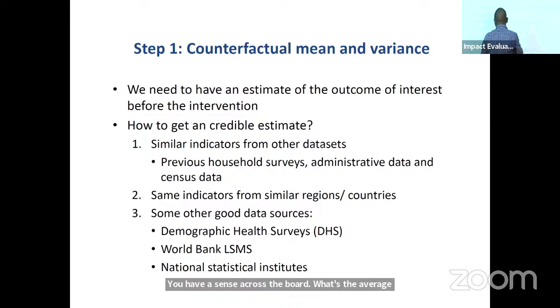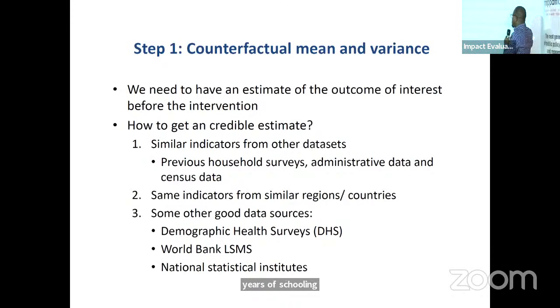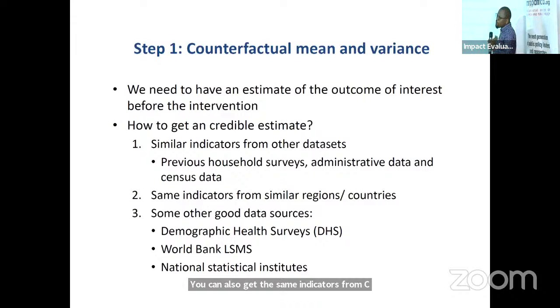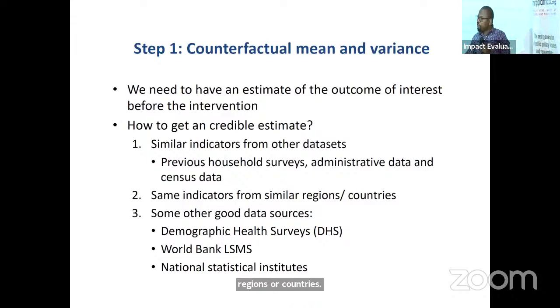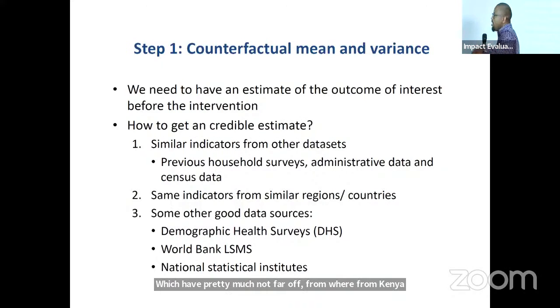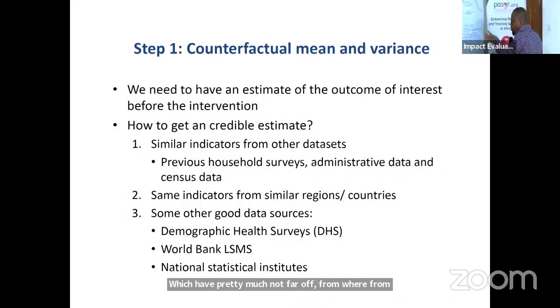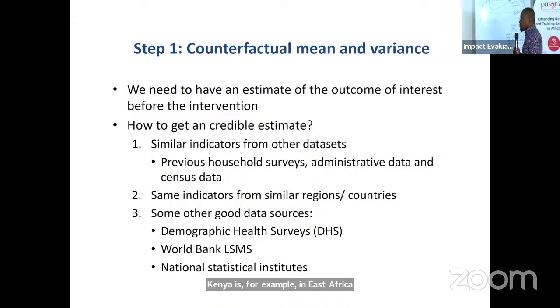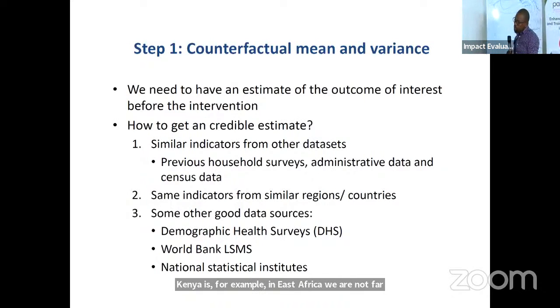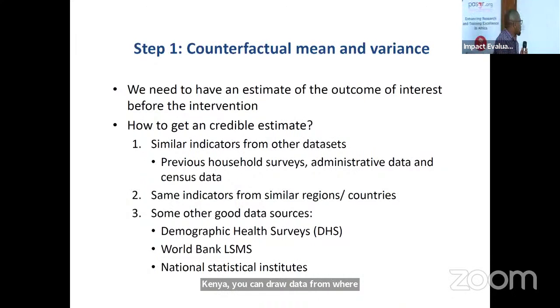You can also get the same indicators from similar regions or countries, which are pretty much not far off from Kenya. For example, in East Africa, we are not far off from each other, right? Maybe if you don't have data on Kenya, you can draw data from where? Tanzania, from Uganda, from Rwanda. Are we together? You can also use some other good data sources.